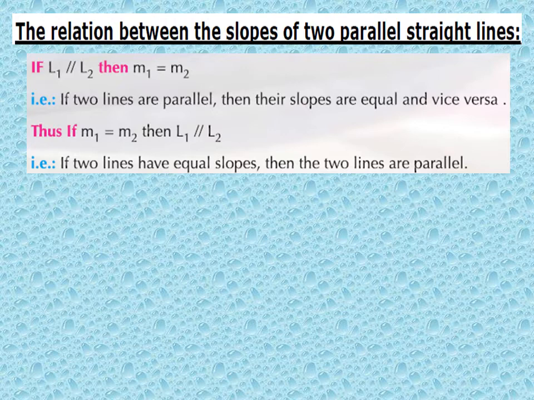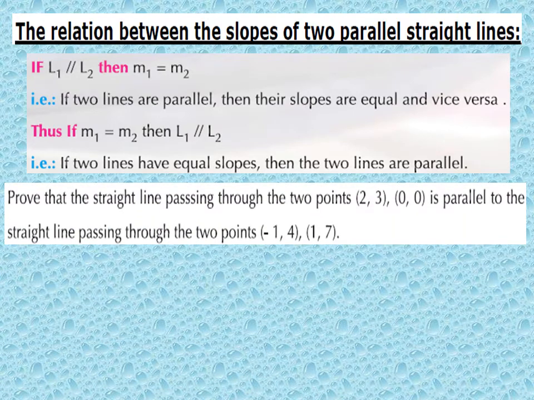That means if two lines are parallel, then their slopes are equal, and vice versa. Thus, if M1 equals M2, then L1 is parallel to L2. That means if two lines have equal slopes, then the two lines are parallel.